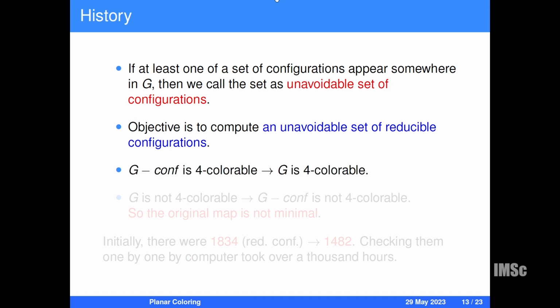So recall that when a configuration C is reducible, it means that if G minus C is 4 colorable, then G is 4 colorable. Let's look at the contrapositive. This says that if G is not 4 colorable, then G minus C is also not 4 colorable, correct? Okay. So now let's say we are trying to build a counterexample for this 4 color conjecture. What do we want?